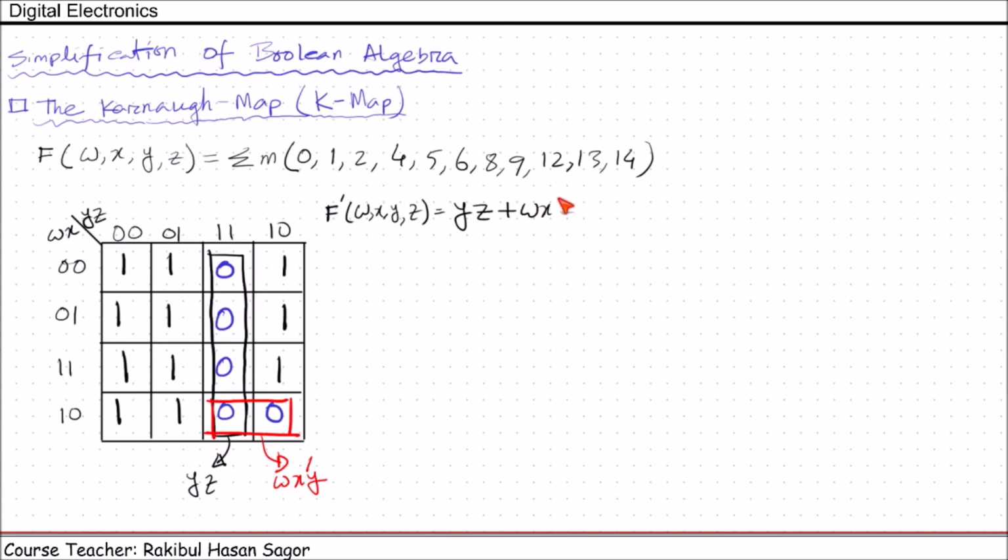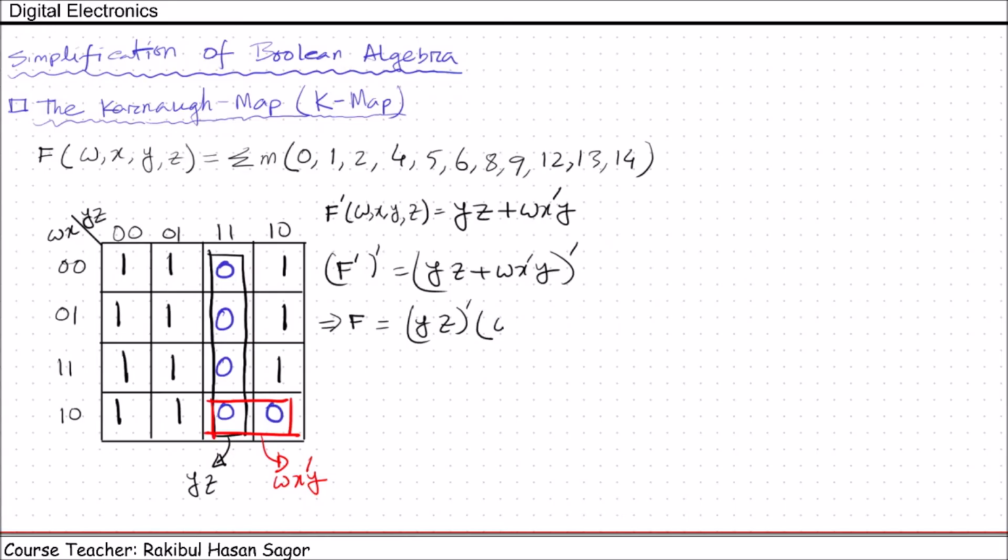So we can say f prime of w x y z can be written in SOP form as yz plus wx prime y. Now if we take the complement of this f prime function, we'll get f prime whole prime, that will eventually return us f, and here we can write (yz plus wx prime y) whole prime. So this can be written as f, which is equal to (yz) prime times (wx prime y) prime, using De Morgan's theorem.